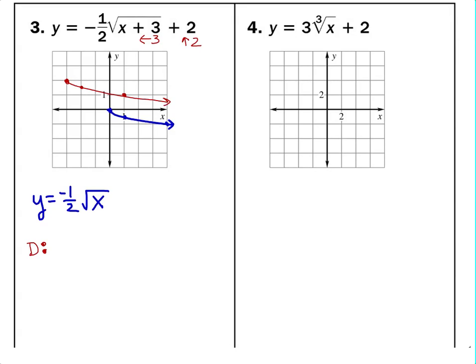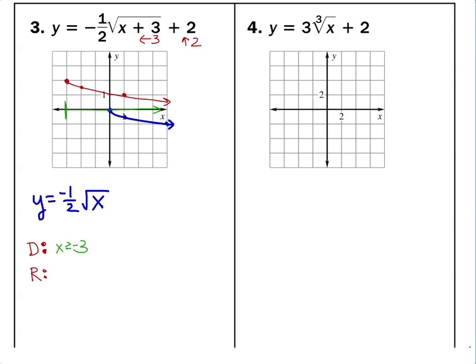So for the domain, remember, domain is the issue about the x's that work. Of course, we're talking about on the actual graph. So all the numbers greater than or equal to -3. And then the range is the set of y numbers that work.